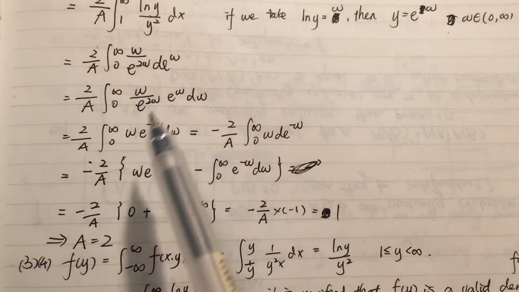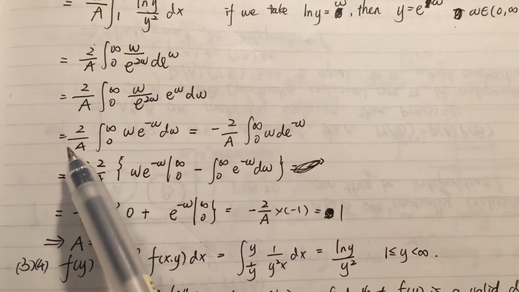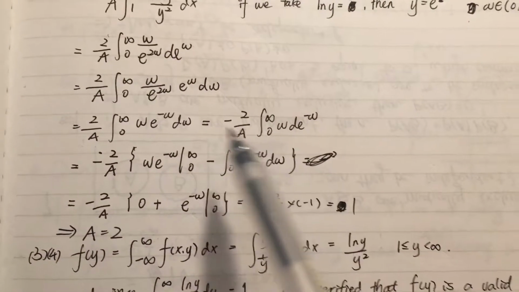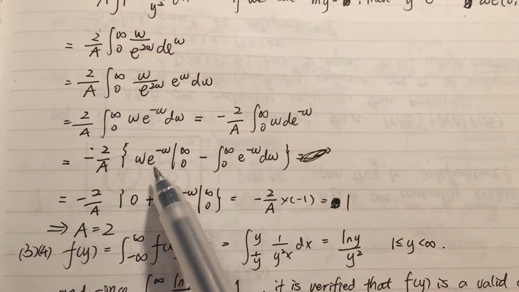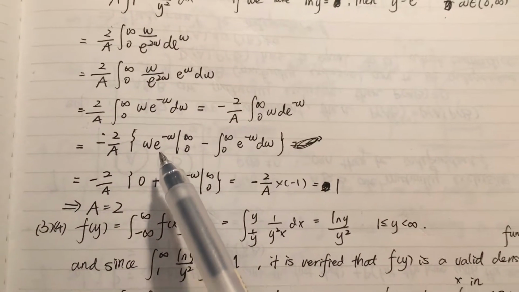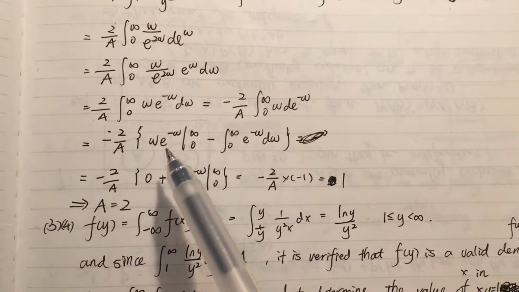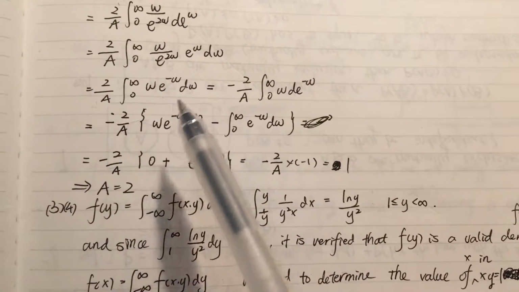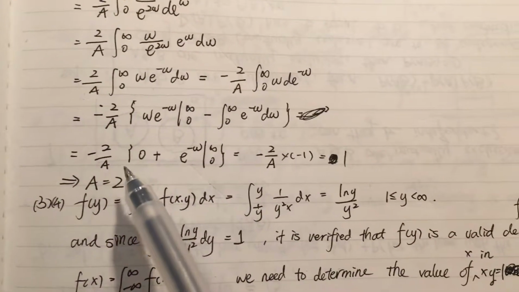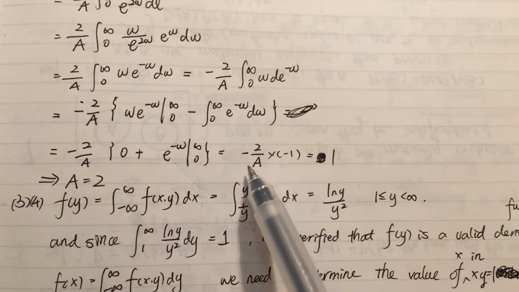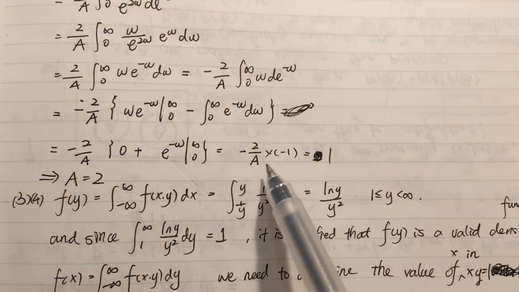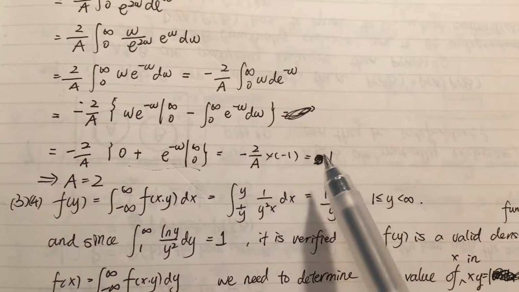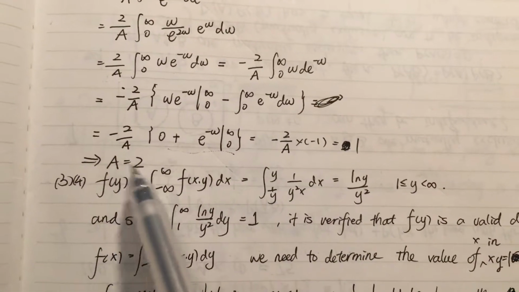The final value of this equation can be derived by using integration by parts, substituting the two parts. We finally get minus 2 over a times minus 1, which is the value of this integration by parts, and it is equal to 1. So we can easily get a is equal to 2.